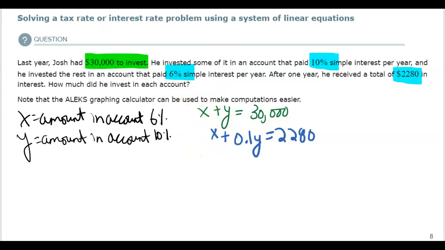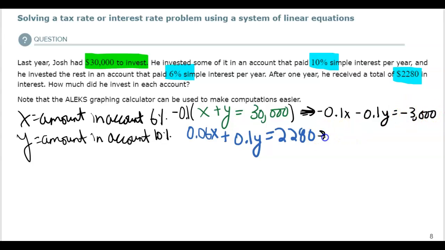And now we can use any sort of method to solve this that we want. I'm probably just going to use elimination and multiply everything here by a negative 0.1. And keep this row the same.